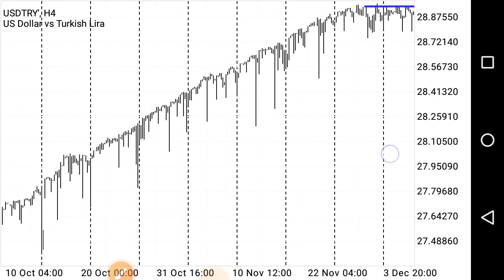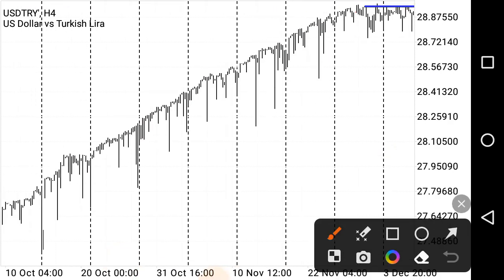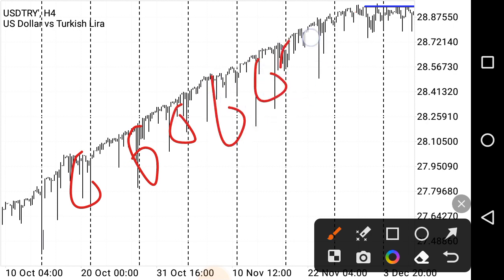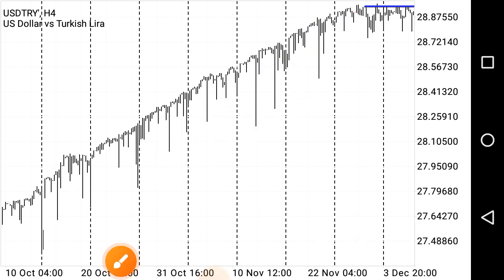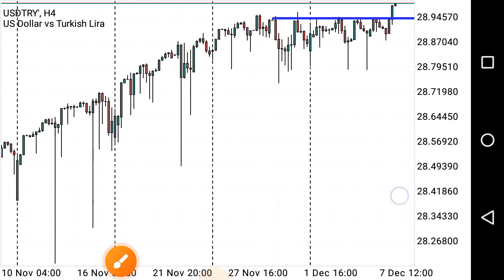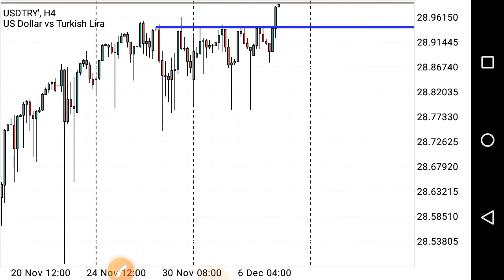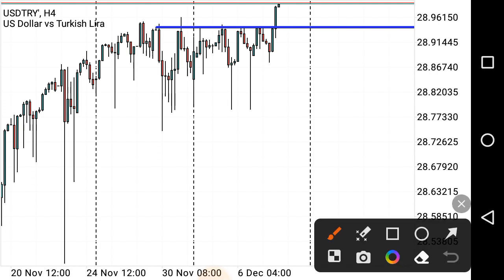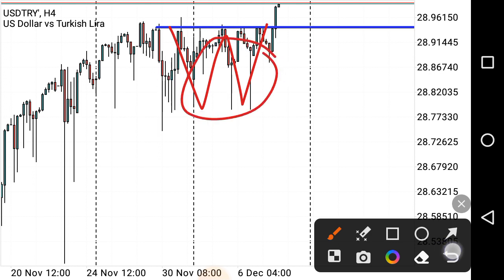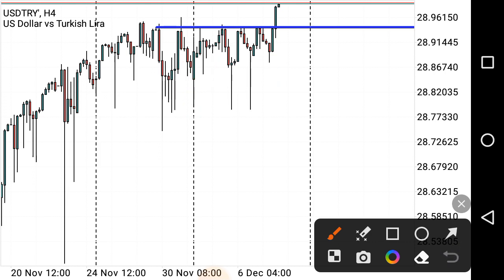And let's have a look again. On the daily chart, we spoke about how the market has been giving us all of these spikes, and I said that these spikes for the most part are stop hunts and liquidity grabs. But on the H4 chart, we have what seems to be a very nice double bottom again, and don't confuse this double bottom with that double bottom we spoke about on the daily chart, right?